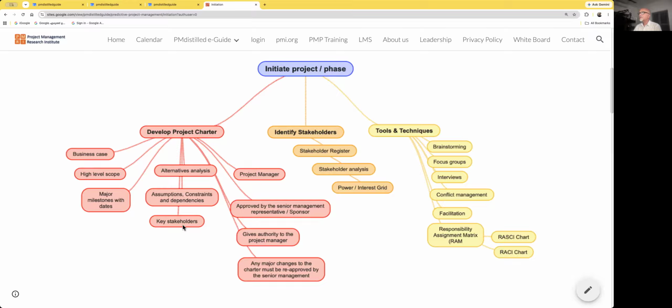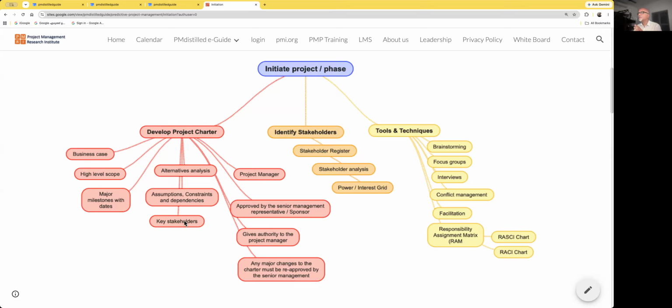Another key aspect of a good charter is we have to list down the key stakeholders of the project, their name, their contact details, maybe their high-level role description. Those things get into a good charter. When we say stakeholder, it includes the project manager, the sponsor, the senior management team.